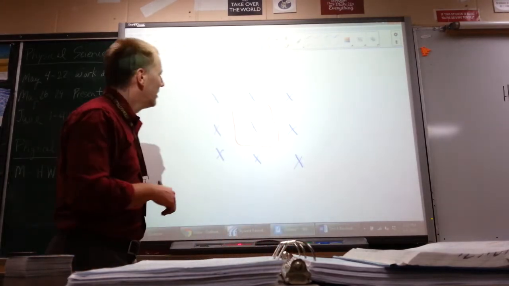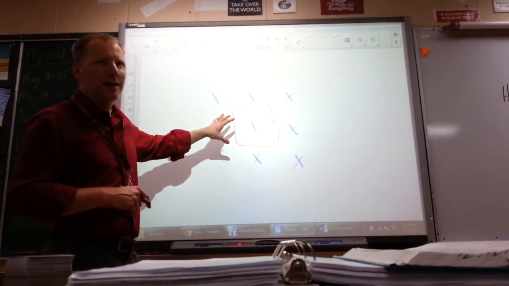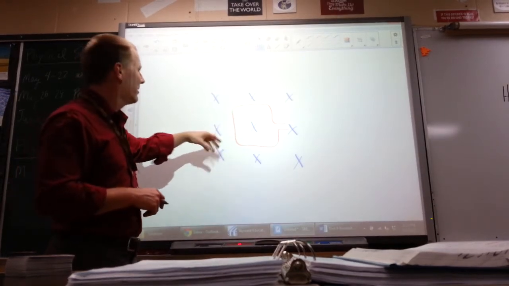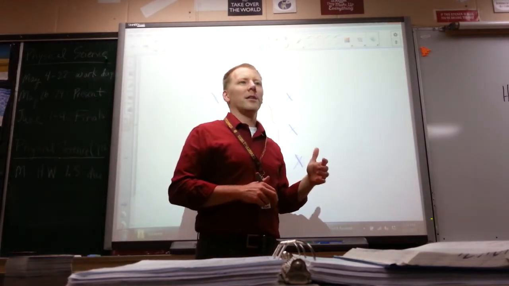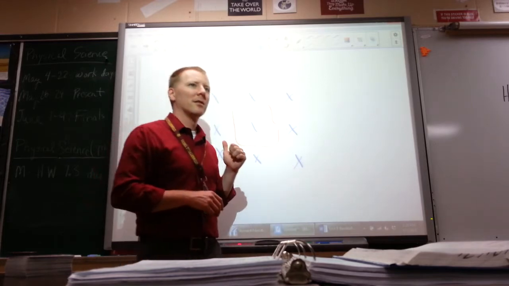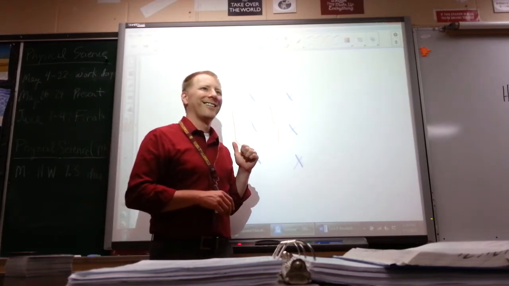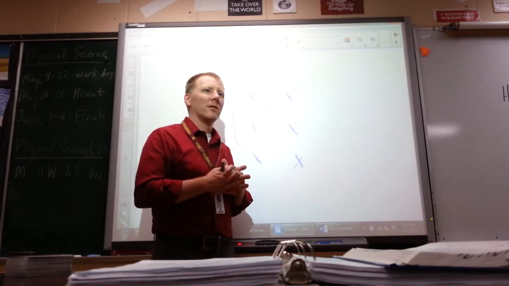So here is our wire in red, a magnetic field in blue. So what were you saying? You're saying when the angle is 90 or 270. What does that mean in a situation like this? What are we measuring the angle between though? Magnetic field and... Not quite.